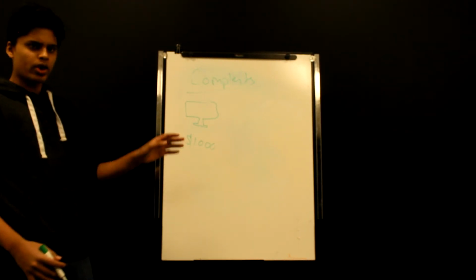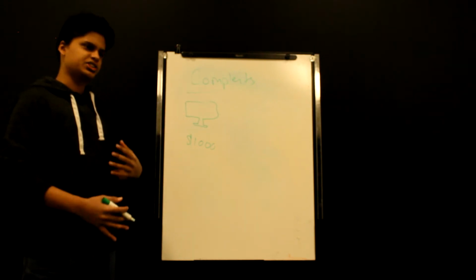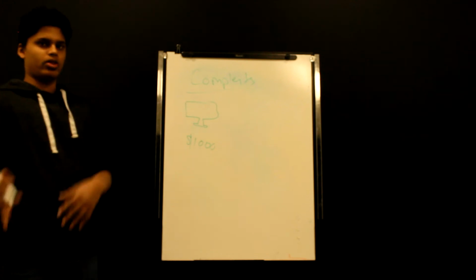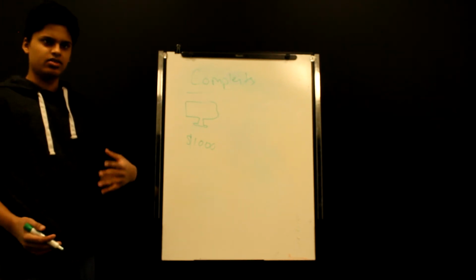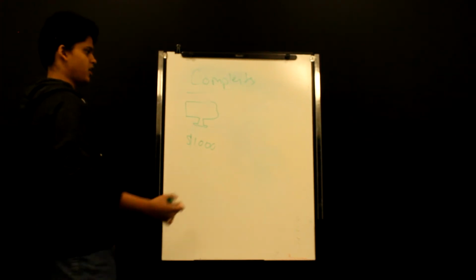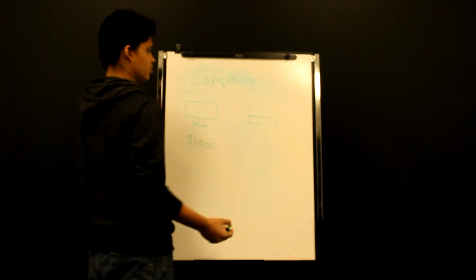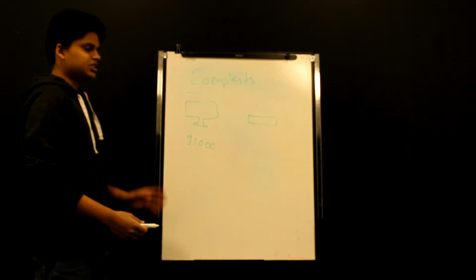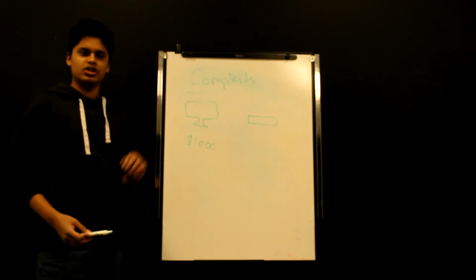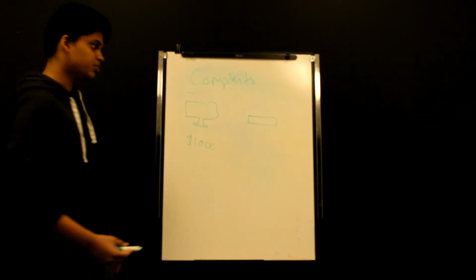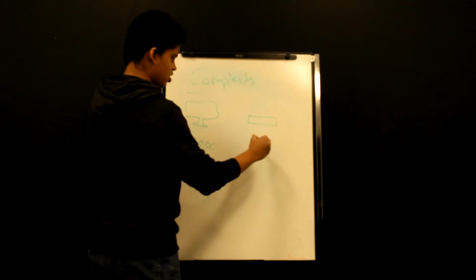Now, what could go with a TV? If you're gonna go buy a TV, what would be something that you'd buy along with a TV? Let's say, like Boxing Day is coming up, and you're gonna buy yourself a DVD player. Okay? So these two things kind of go along with each other. And let's say the price of the DVD player is $100.